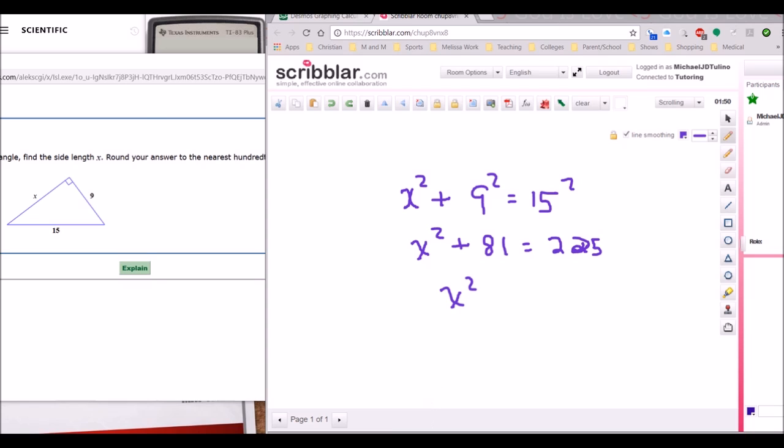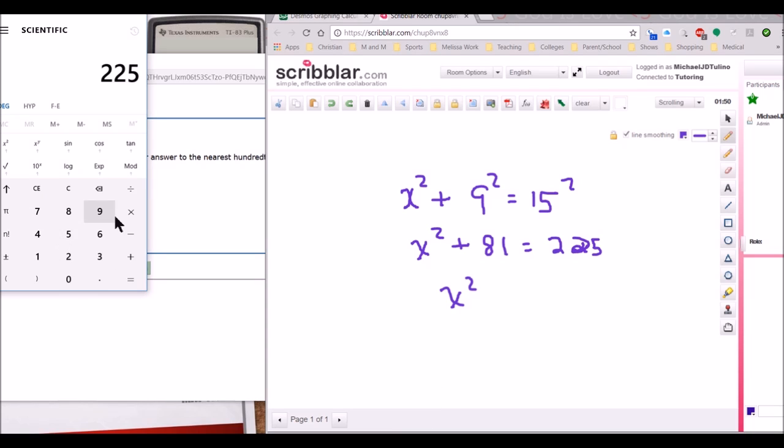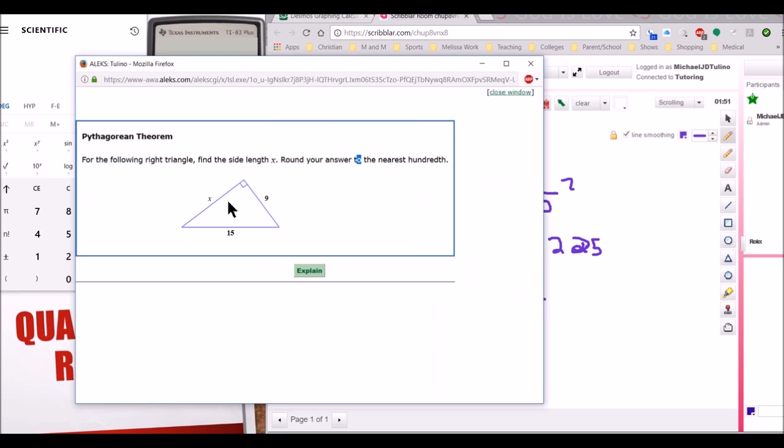Now if you're not sure what that is, let's just pop it in here real quick. Minus 81, and we're left with 144. Now we take the square root of both sides, and we end up with x equals 12. There we go. So that side will measure 12, for this to hold true.